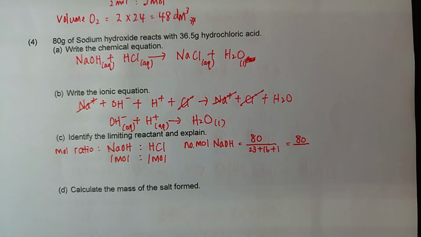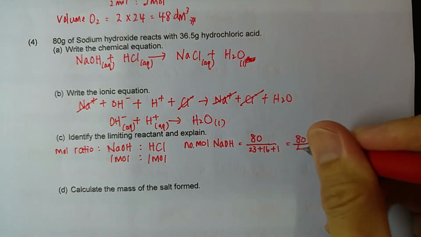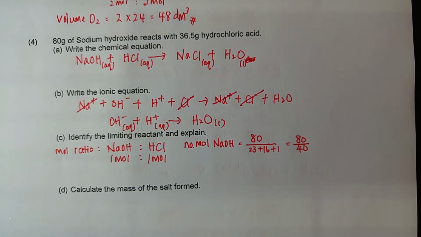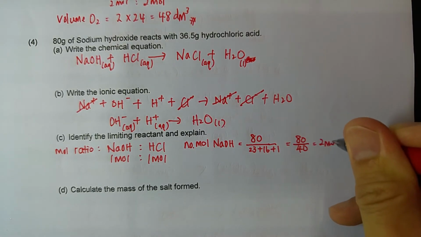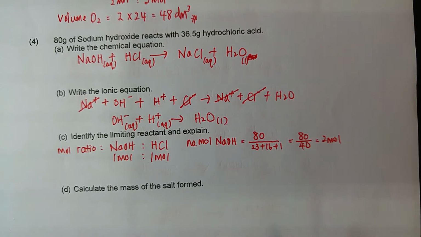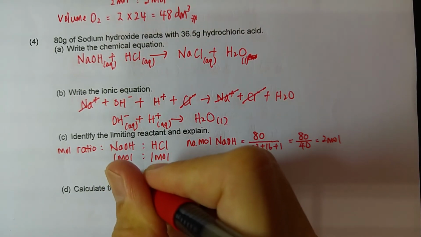NaOH, right? 23 plus 16 is 39, plus 1 is 40. Okay, NaOH is 40, and that would be 2 mole. Number of mole of NaOH is 2 mole.